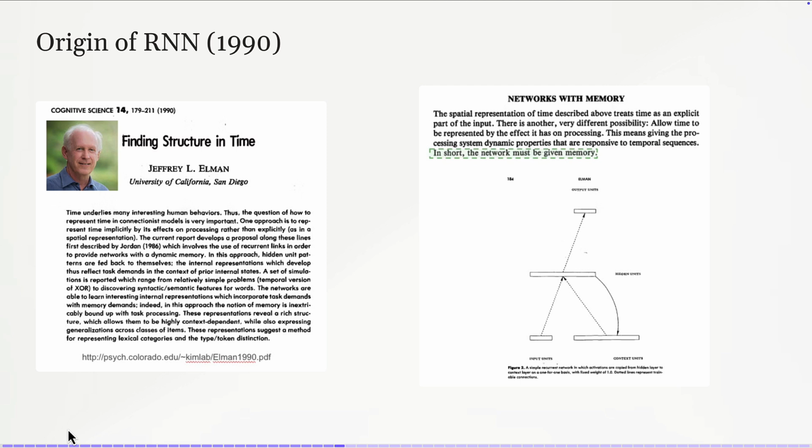It's like trying to find the relationship between a keyword inside a sentence, because a sentence is the context. And here we have the hidden units, which are part of a neural network. We have hidden layers even in a recurrent neural network. And look, in short, the network must be given a memory. So the concept of memory started in 1990 as an essential part to process sequential data, meaning data that has a time-step relationship.